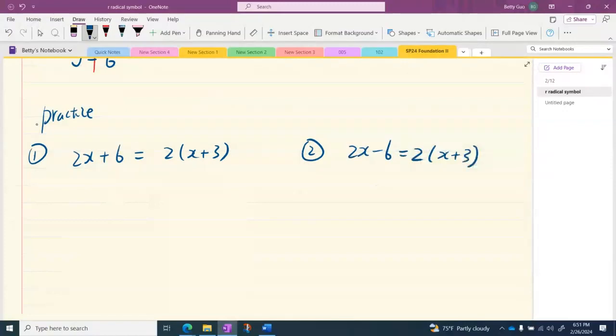Try those 2 questions. Solve those 2 linear equations in one variable. Pretty simple. They do not have fractions. Let me know the solution of this one and the solution of this one. You would have to distribute. Get rid of the parentheses on the right side.